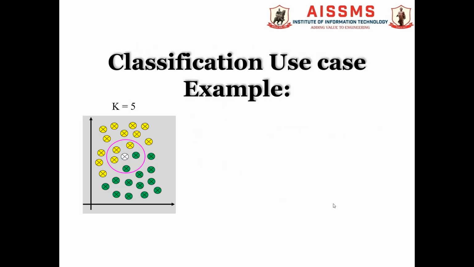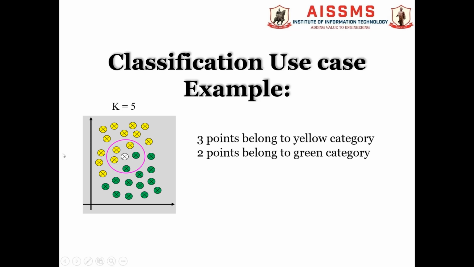Now, as we have seen earlier, k nearest neighbor can be used in classification as well as in regression problems. If we see the classification example, here there are two classes, yellow dot and green dot, and this white dot is an unknown value new data point which we have to classify either in the yellow category or in the green category. Now here the value of k is equal to 5.